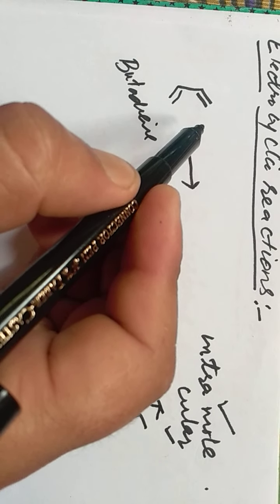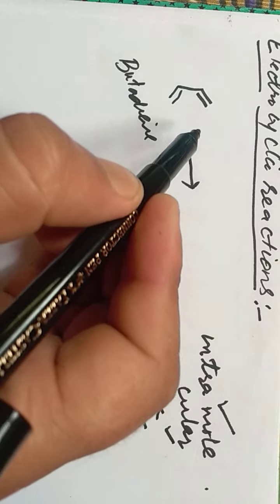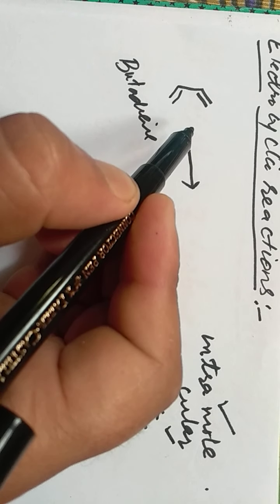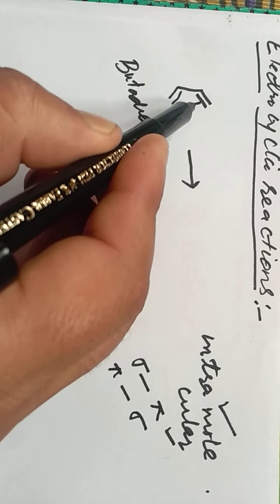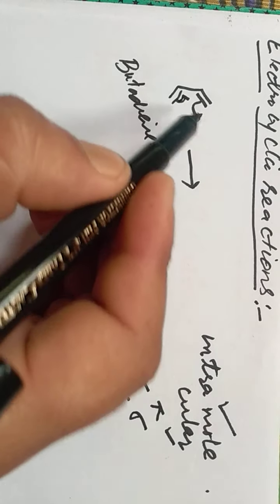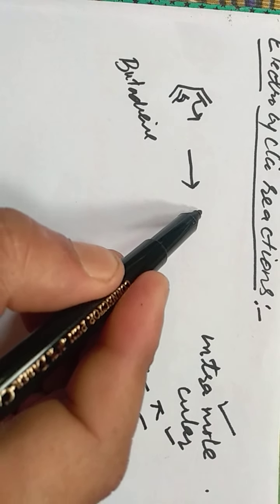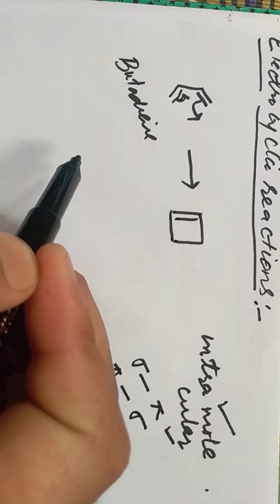Ring closing or ring opening takes place in electrocyclic reactions. Now this bond moves to this side and this bond moves to this side, so we get a product like this.